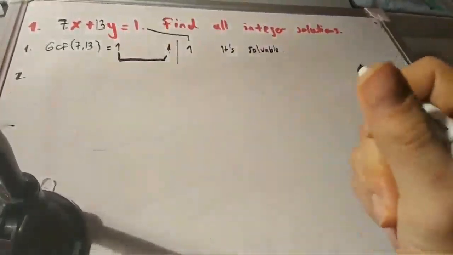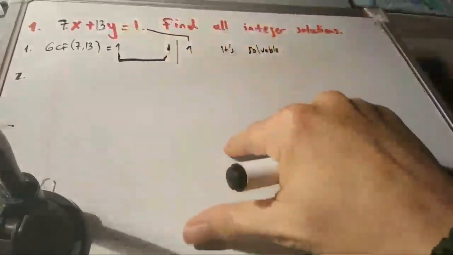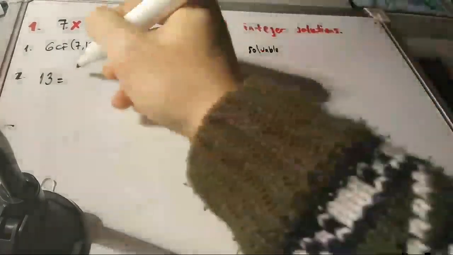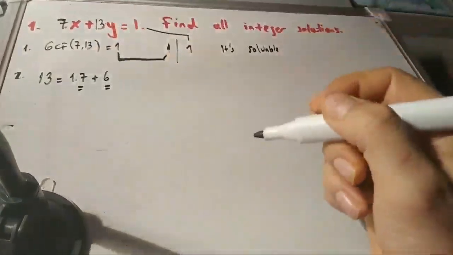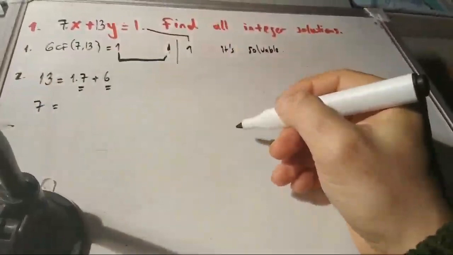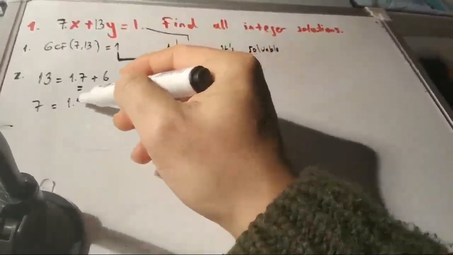So we are going to start with the large numbers. So it is 13, and 13 is going to be 1 times 7 plus 6 according to the Euclidean algorithm. 13 is equal to 1 times 7 plus 6. Then remember, before I underline, 7 is equal to 1 times 6 plus 1.